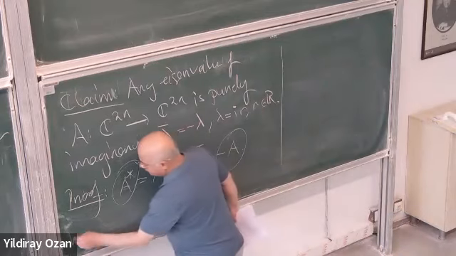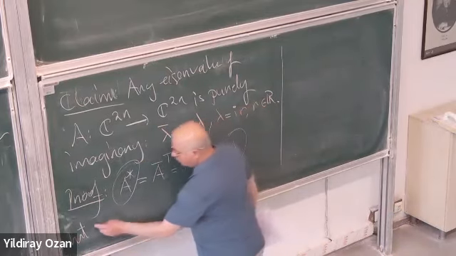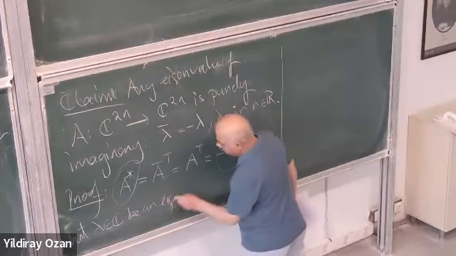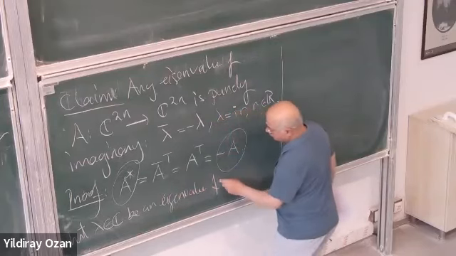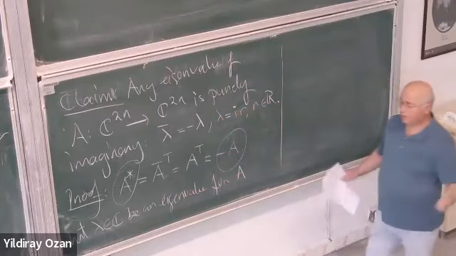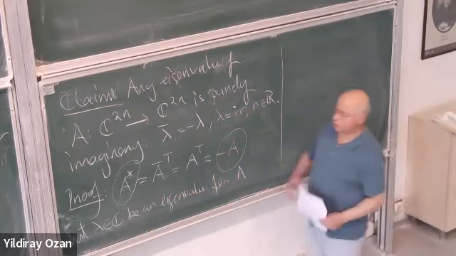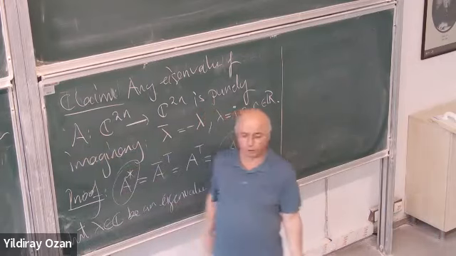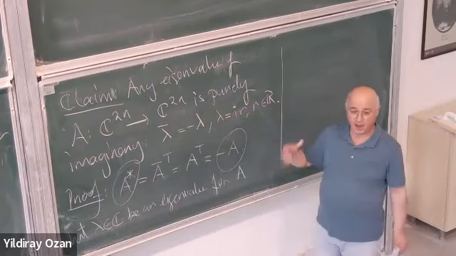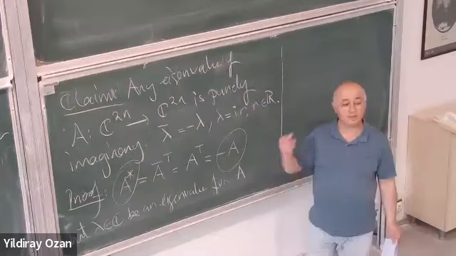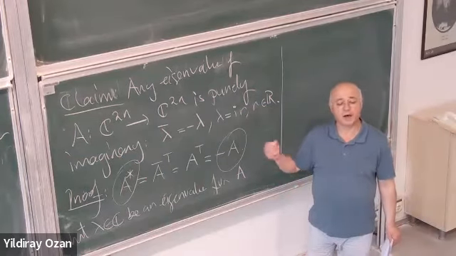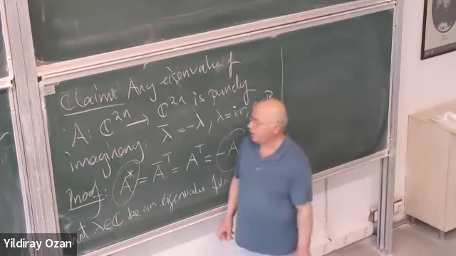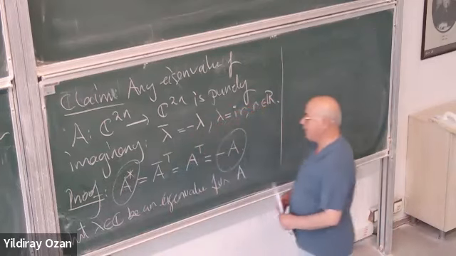Okay, now let's continue. So let lambda be an eigenvalue for A. Why do we have an eigenvalue? Because we are working over complex numbers. Its characteristic polynomial is a polynomial over complex numbers, and every polynomial over complex numbers has a root, and that root is an eigenvalue. So this operator has an eigenvalue.